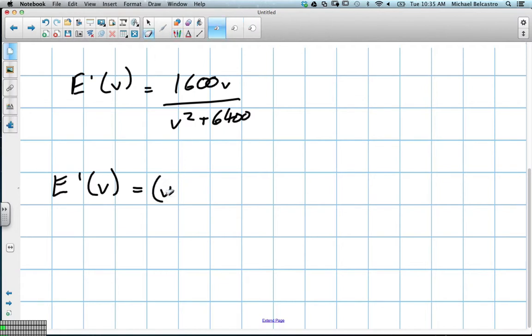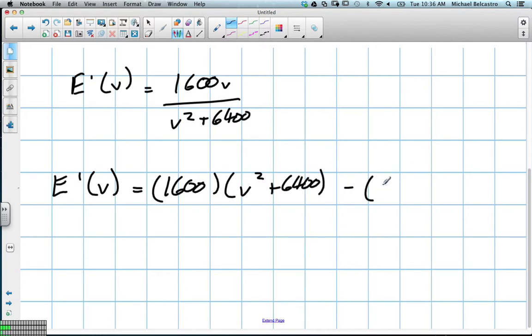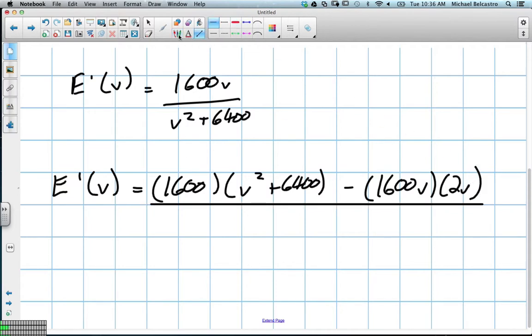It becomes 1600, multiplied by the original on the bottom, which is v squared plus 6,400. Subtract the value of 1600v times the variable here, which is 2v. All above v squared plus 6,400 squared.